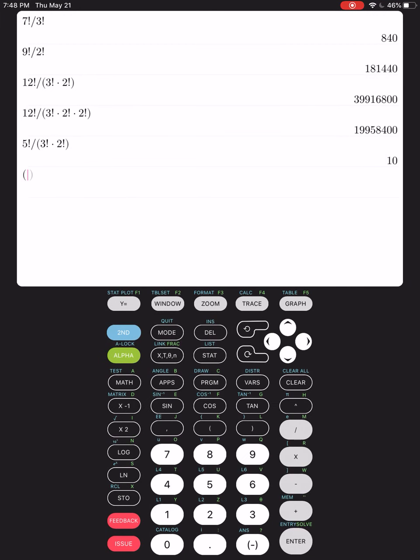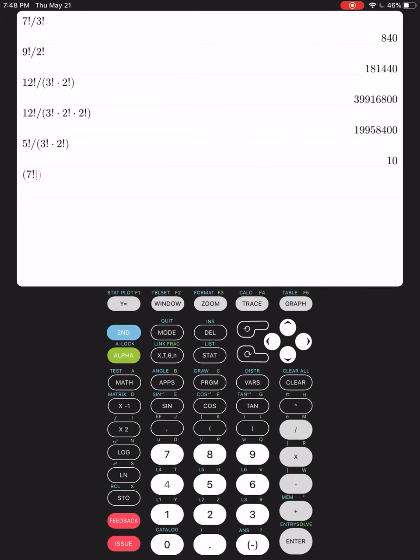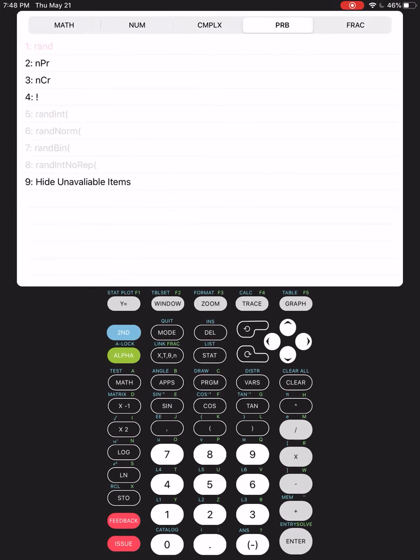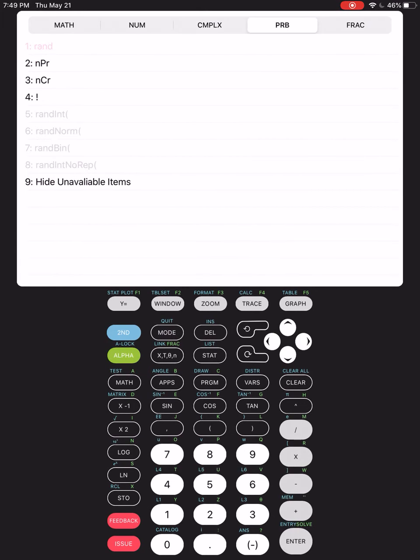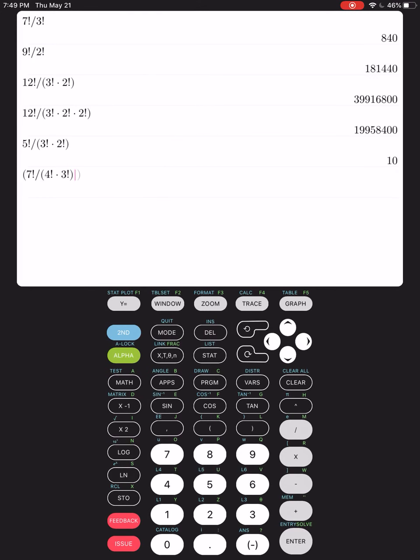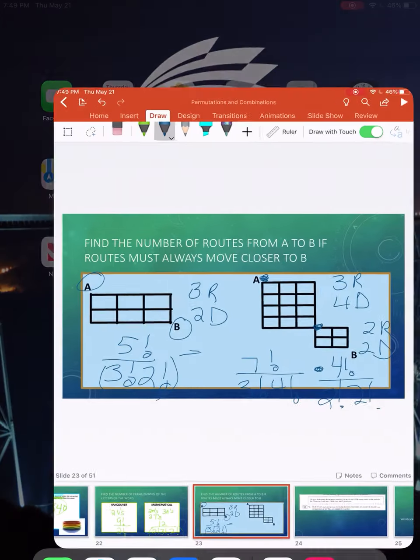So I'd have bracket 7 factorial divided by bracket 4 factorial times 3 factorial. Okay, and then what was our other one? I forgot typing this in.